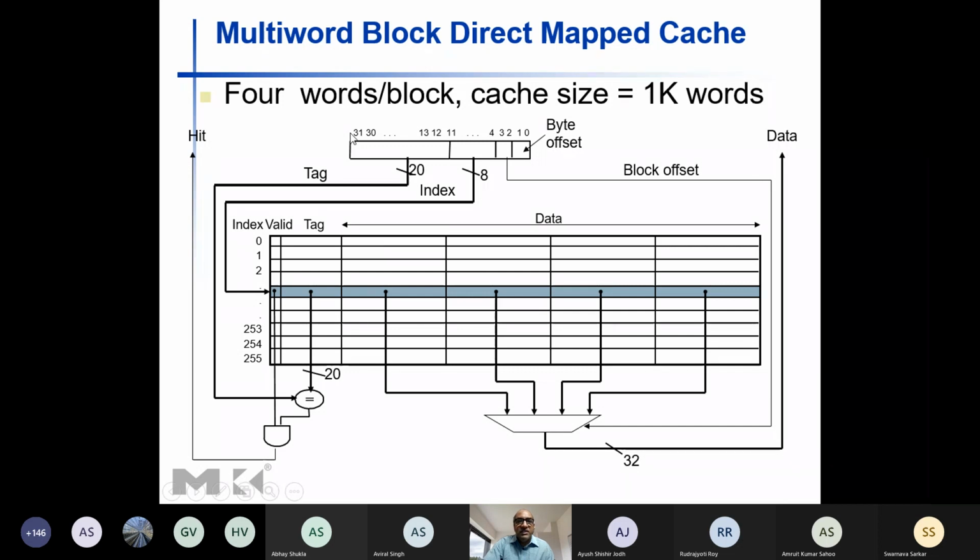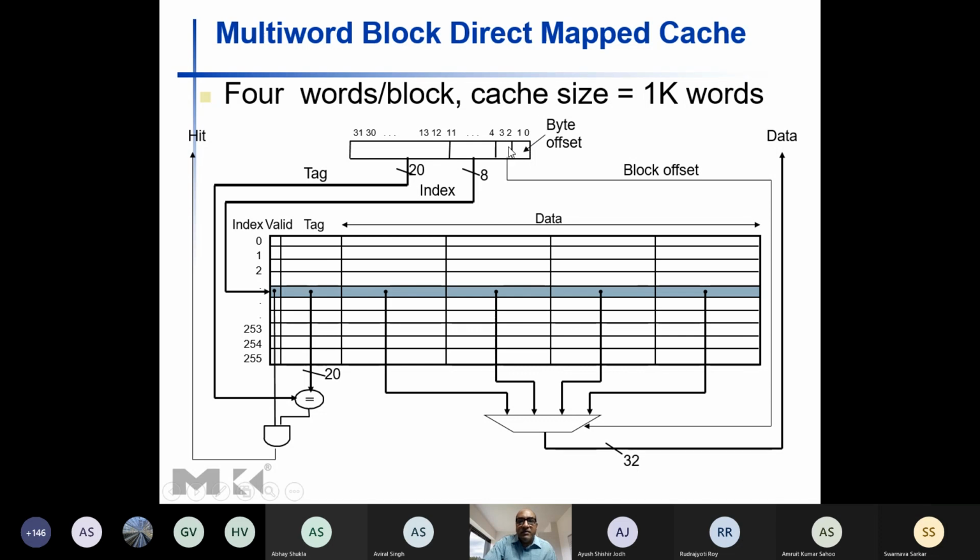So that is the reason these 32 bits are organized as follows: the last 2 bits, the least significant 2 bits, are the byte offset, that is, the bytes within a word. Then there is one more partition, which indicates the word offset. Here 4 bits are used to indicate the block. It means the block size equals 2 to the power 4 bytes, so the block size equals 16 bytes.